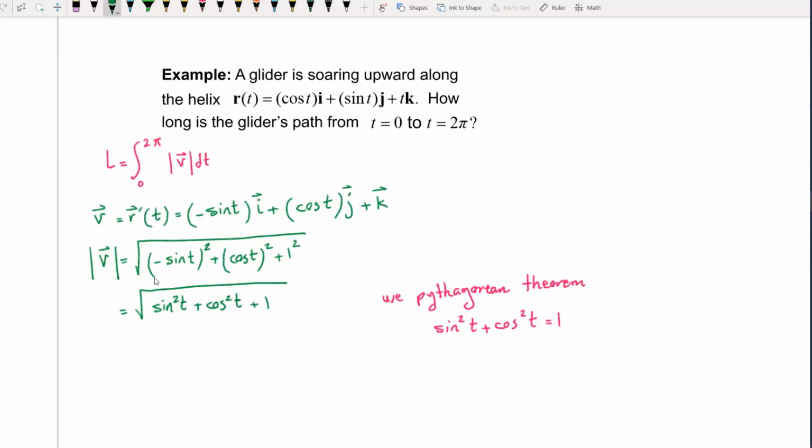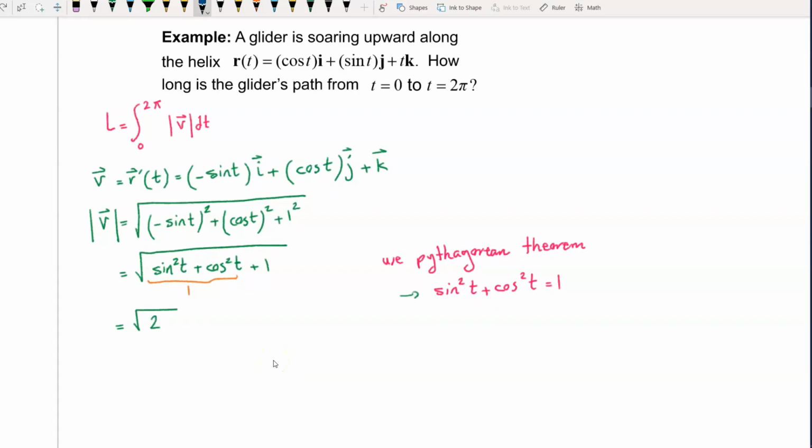Rewriting that, negative sine squared is sine squared, so we have sine squared plus cosine squared plus 1. Using the Pythagorean theorem, sine squared plus cosine squared is equal to 1. So this is equal to 1 plus 1, here we have the square root of 2.